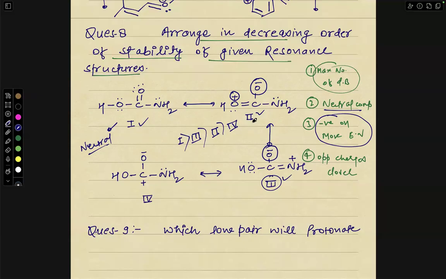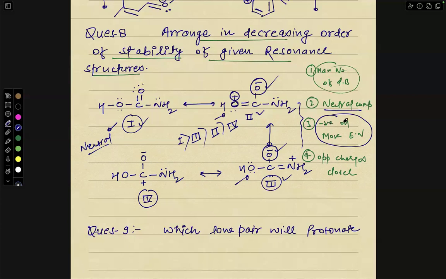Follow each rule one by one, okay? So the first would be the most stable because it is neutral with the maximum number of double bonds. The fourth would be the least because it has no double bond. Between second and third, this oxygen is definitely common. But look at this oxygen, it has a positive charge.